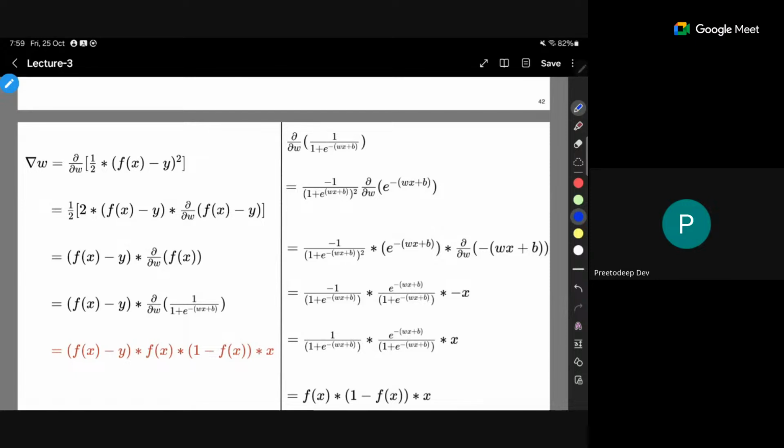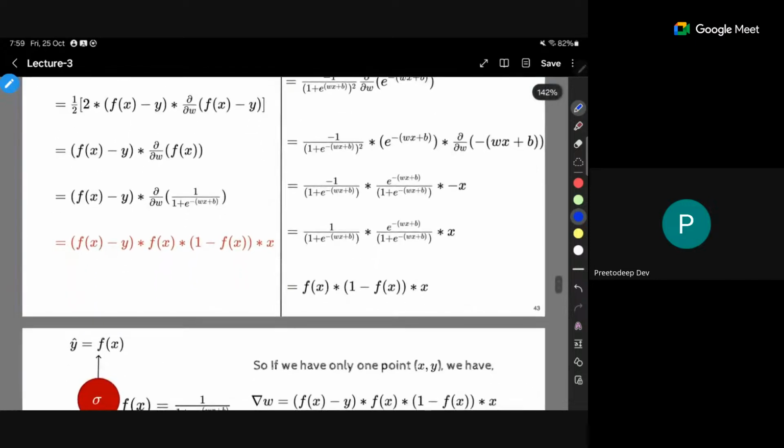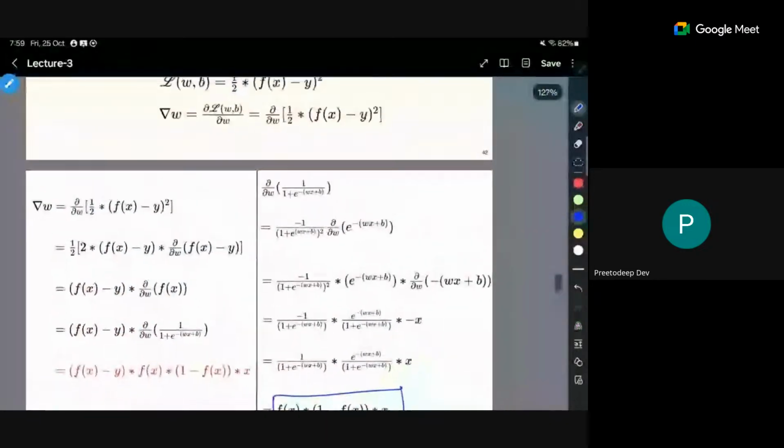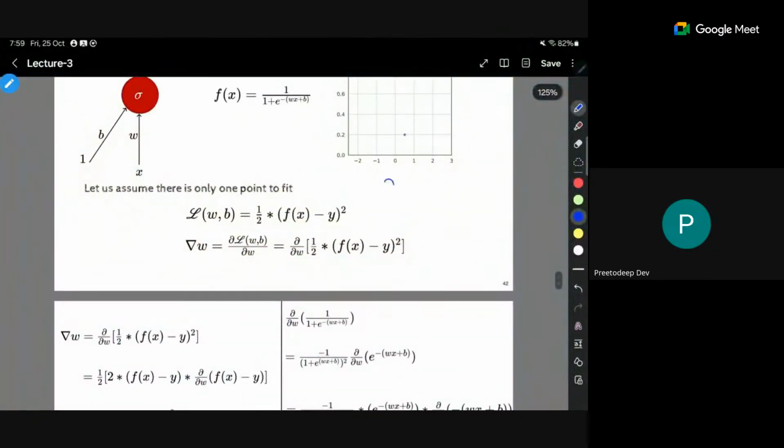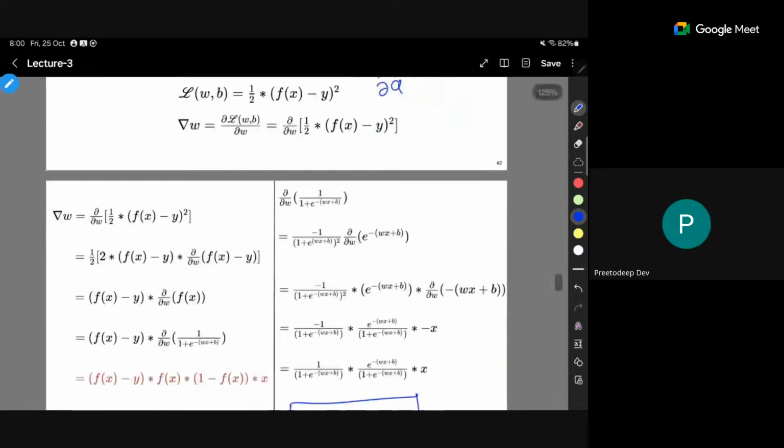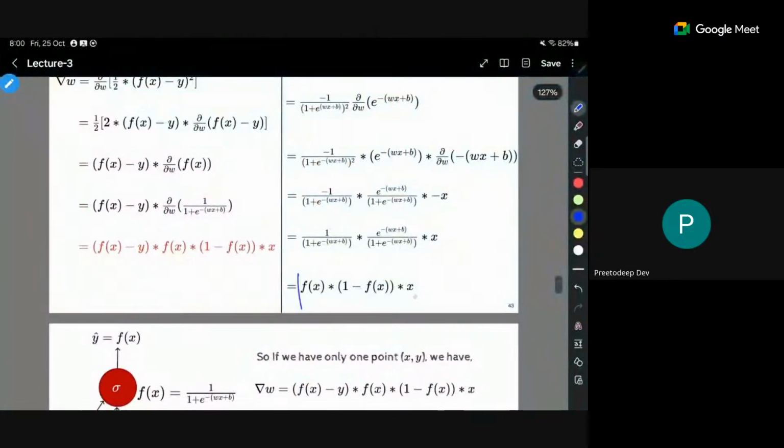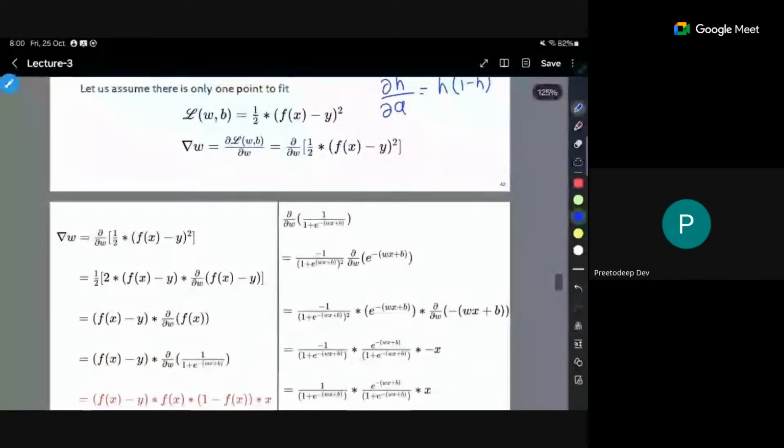Yeah, so the derivative of sigmoid, right? You can see the derivative of sigmoid is this, and later on we'll also see that when we take, let's say, the derivative of h with respect to the pre-activation, we get the term h into 1 minus h, right? So that's the same thing you're getting here. This is the term for that, and we'll multiply by x.